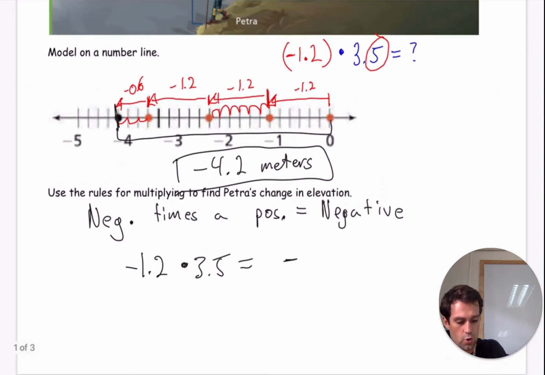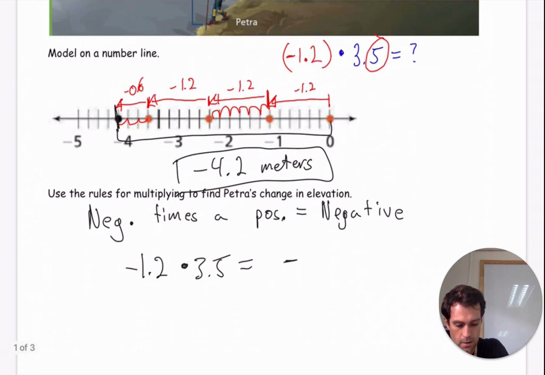So we can then do long multiplication, 3.5 times 1.2. Don't worry about the negative here. And then we multiply this out. 2 times 5 is 10. 2 times 3 is 6, and 1 is 7. 1 times 5 is 5. 1 times 3 is 3.